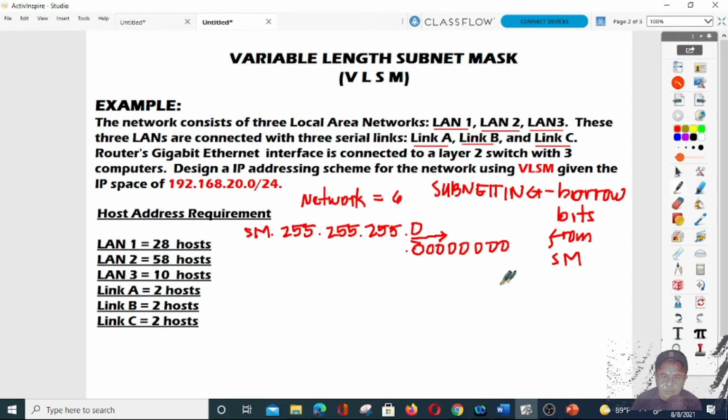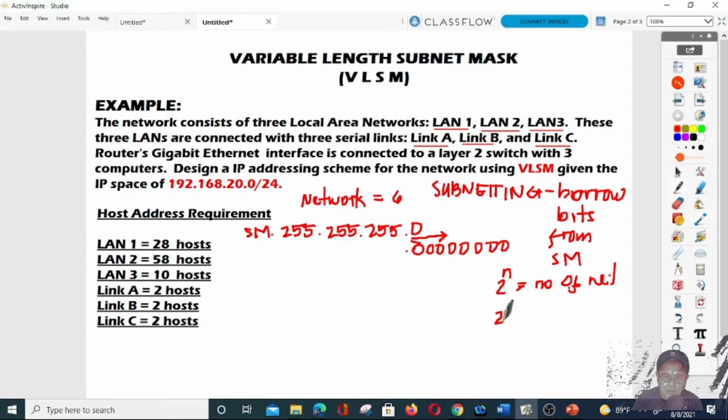Now how do we know how many bits we need to borrow from this host bit? Using the formula, 2 raised to n is equal to or greater than the number of networks. Now in this case, we already know that our networks is 6. We need 6.